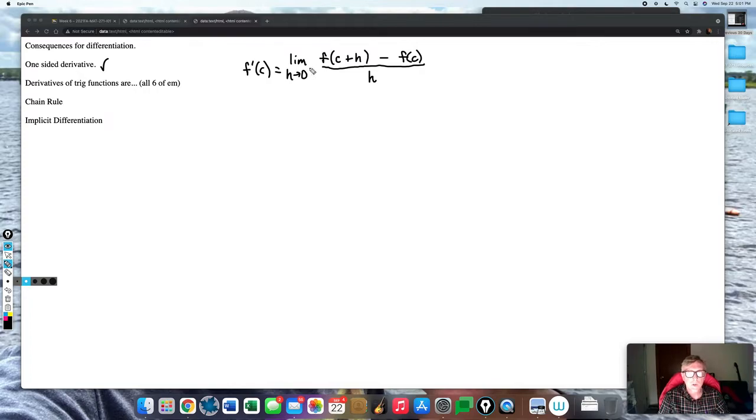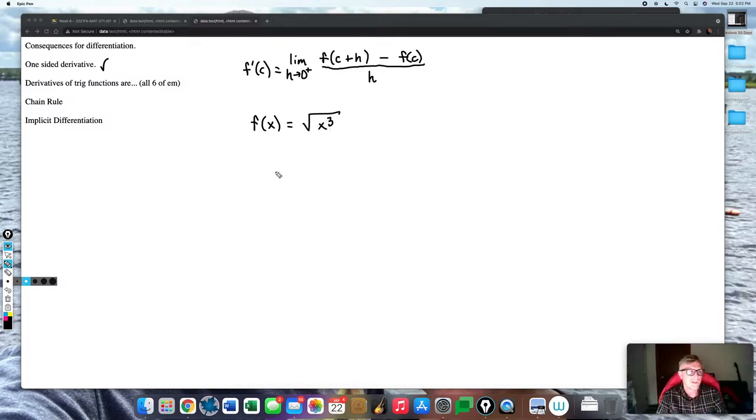So sometimes you can have a one-sided limit that looks like this, right? Let me just throw an example at you. Let's say that we want our function to be the square root of x cubed.